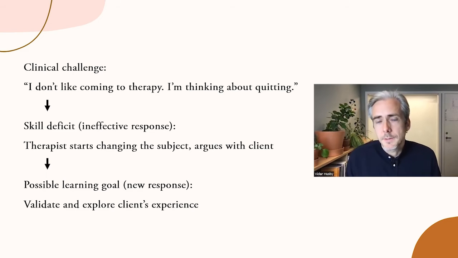So notice that with this learning goal, we don't spell out what the therapist is supposed to say. We formulate 2 criteria, which is validate and explore, that the therapist can meet with his own words. Now, there's many learning goals that you could meet a clinical challenge like this with.